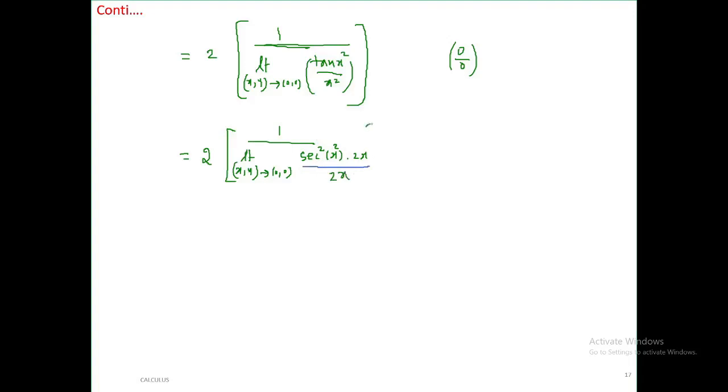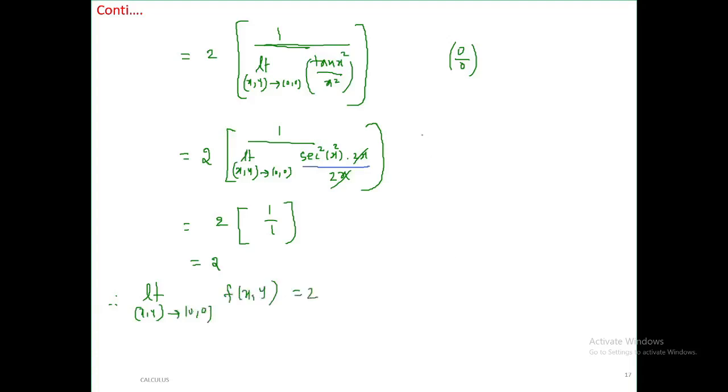Now this 2x is out. Now 2 into, applying limit x is 0, secant square 0 is 1, so 1 by 1, so you are getting 2. So the limit value I got: the limit as (x, y) reaches the origin (0, 0) of the function f(x, y) is 2.